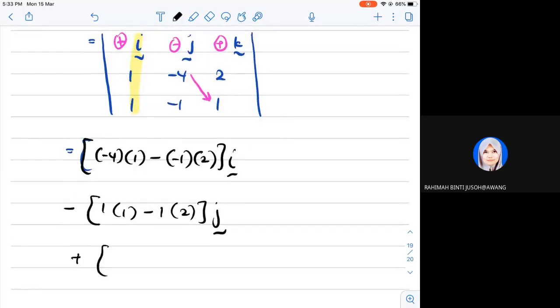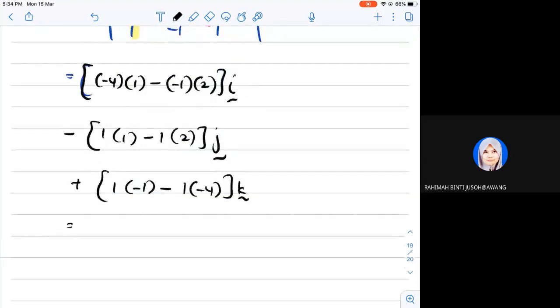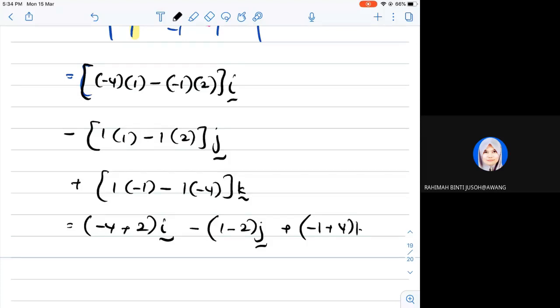So tutup kolom ketiga. 1 times negative 1 minus 1 times negative 4. So we will have apa ni? Negative 4 plus 2i minus 1 minus 2j plus negative 1 plus 4k.